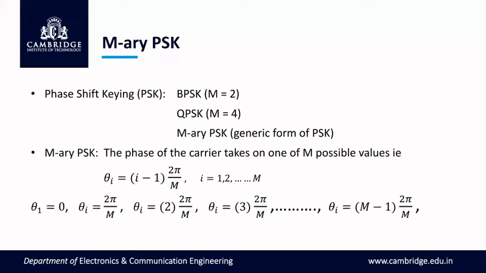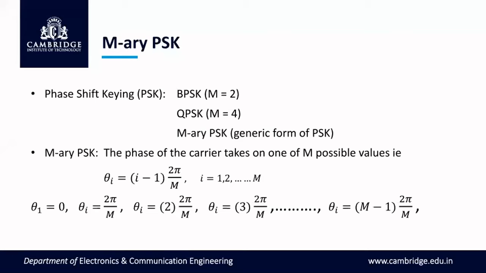The total phase is 360°, which will be divided into two parts. That is 360 by 2, which is 180. So we choose two phase values for the carrier signal, having a difference of 180°. That means symbol 1 will be represented by the carrier signal with 0 phase.